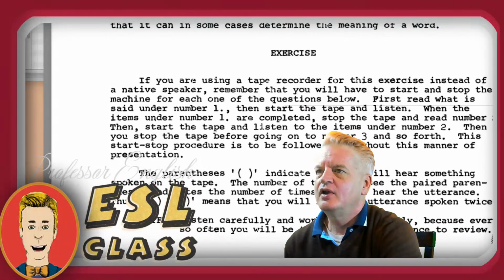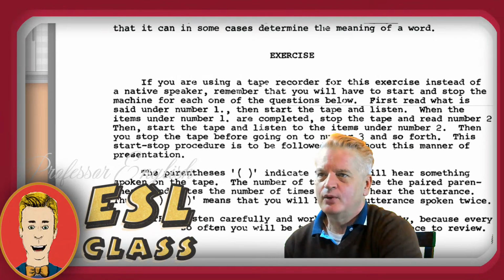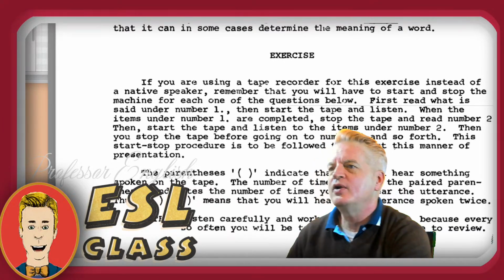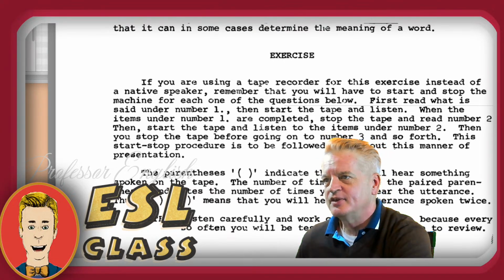Exercise. If you're using the tape recorder for the exercise instead of a native speaker, remember that you will have to start and stop the machine for each one of the questions below. First, read what is said under number 1. Then start the tape and listen.